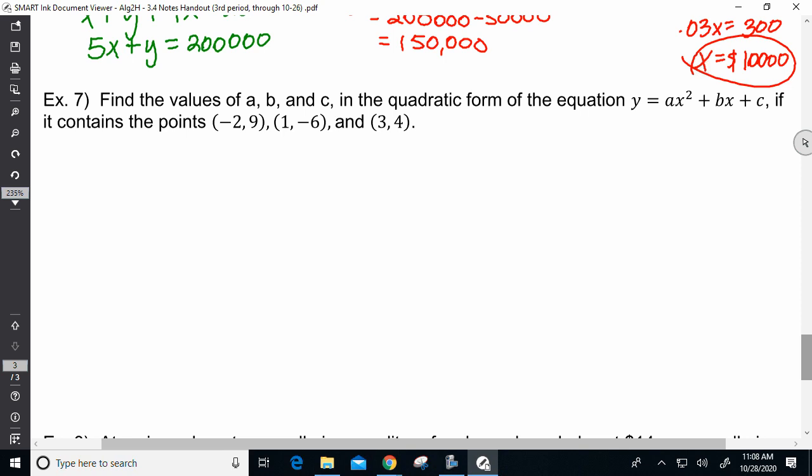Example 7. Find the values of a, b, and c in the quadratic form of the equation y equals ax squared plus bx plus c, if it contains the points (-2, 9), (1, -6), and (3, 4). So this is actually a crossover with something that you're going to be learning next unit, and that's how to write a quadratic function.